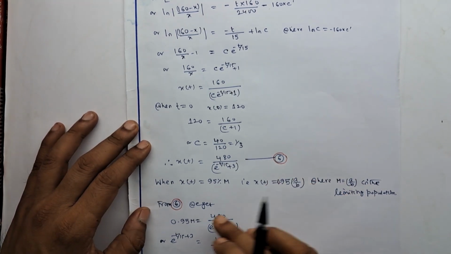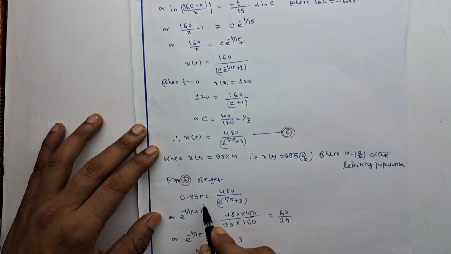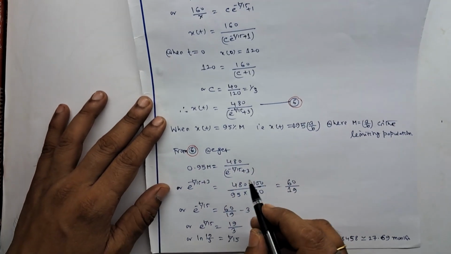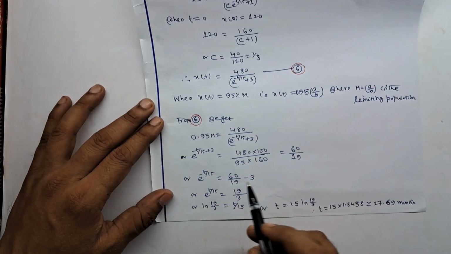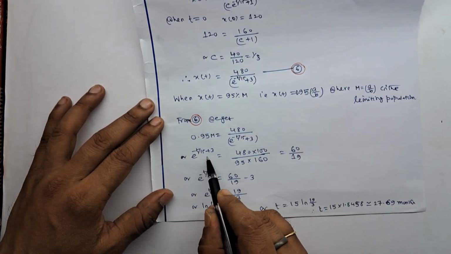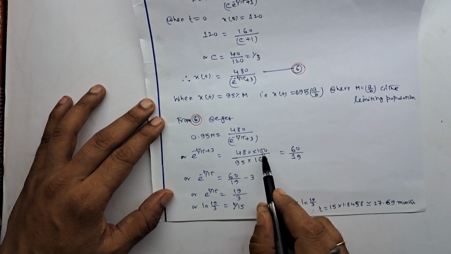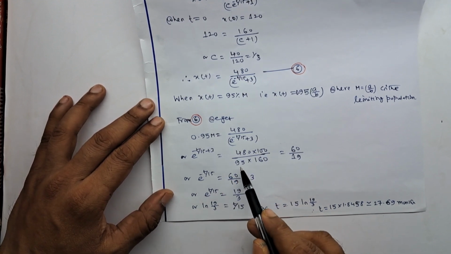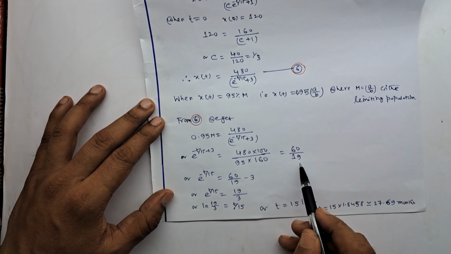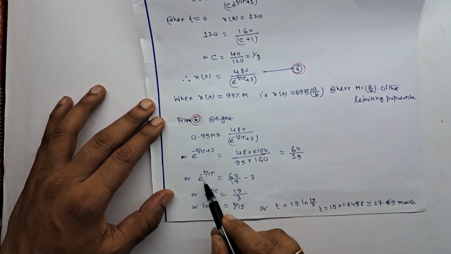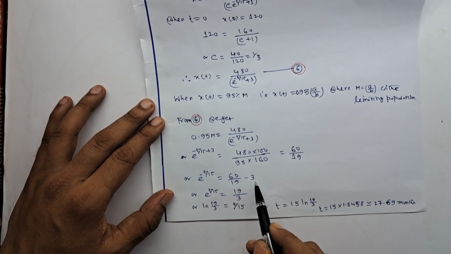Now from 6 we get 0.95 m equals 480 by (e to the power minus t by 15 plus 3). So e to the power minus t by 15 plus 3 equals, after putting the value of m and 0.95, 60 by 19. So e to the power minus t by 15 equals 60 by 19 minus 3.